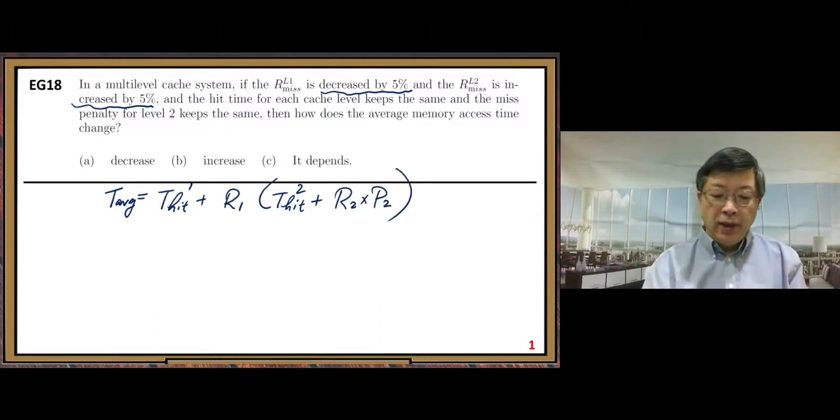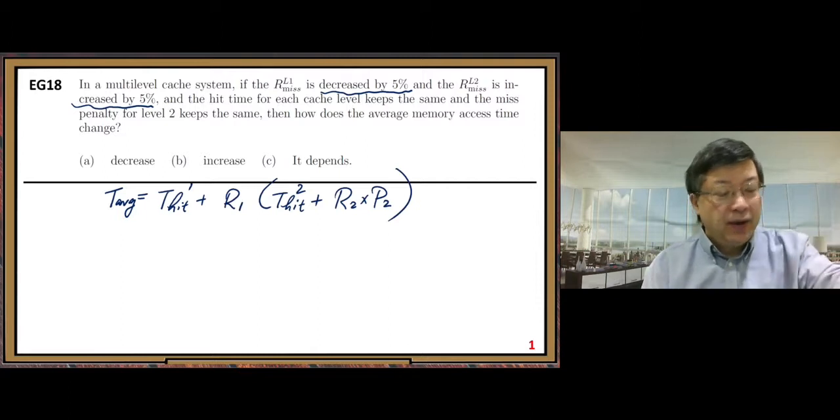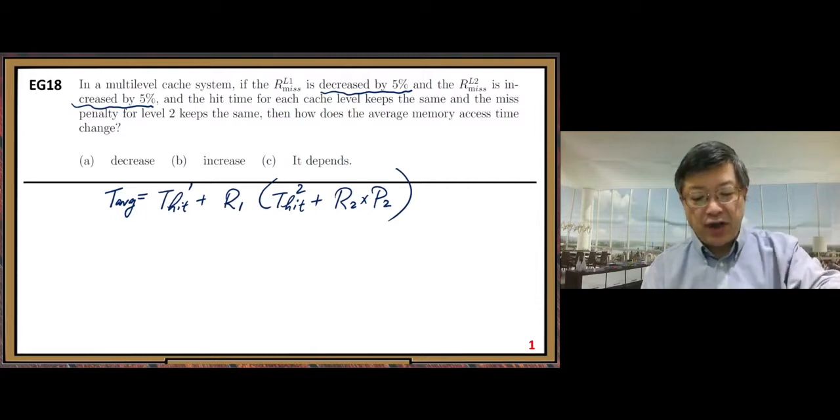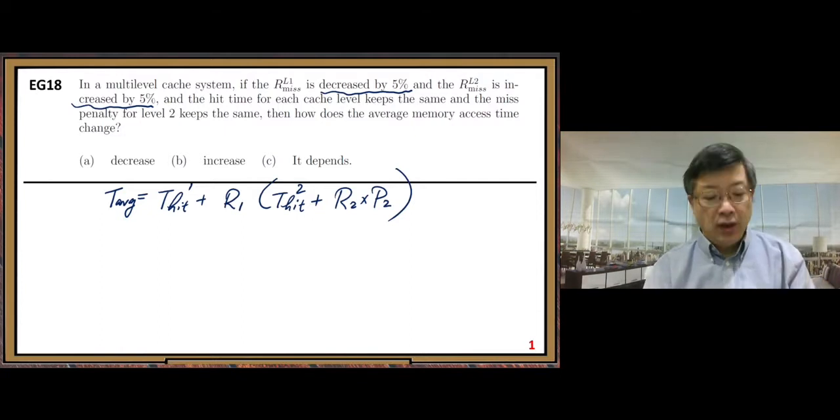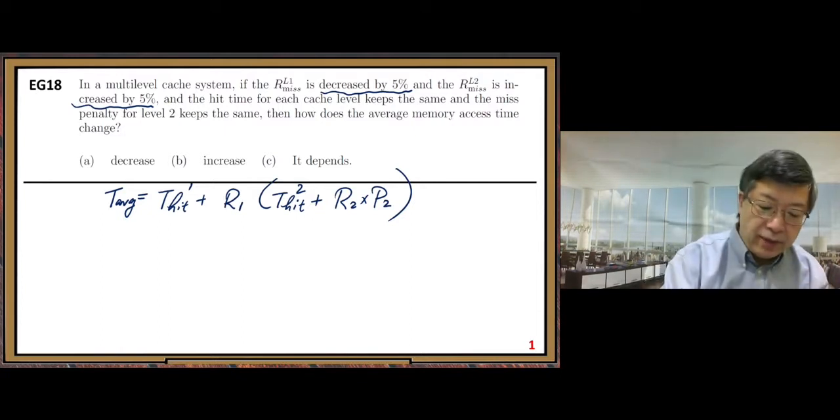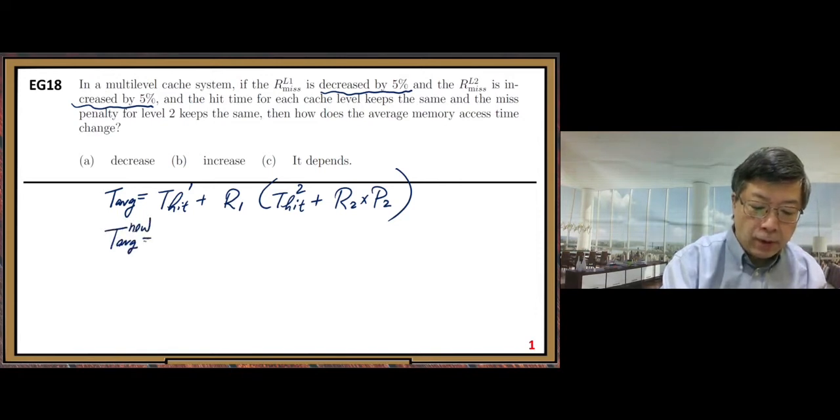Now, suppose this is the original one. Then the new one, after the change: hit time L1, no change, but R1 decreased by 5%.